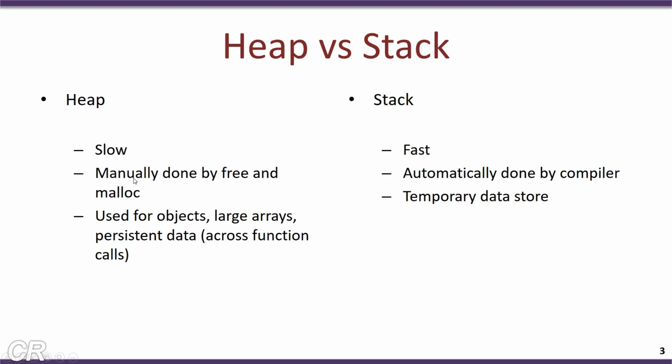This management is done by the programmer, and quite often this could result in several different types of vulnerabilities, as we will see during this lecture. Heaps are used for storage of objects, large arrays, and global data, and all you require is a pointer to that particular malloc chunk, and you would be able to access that malloc data from any function.